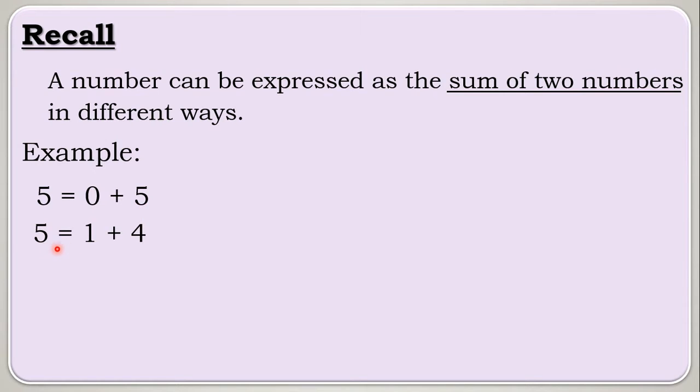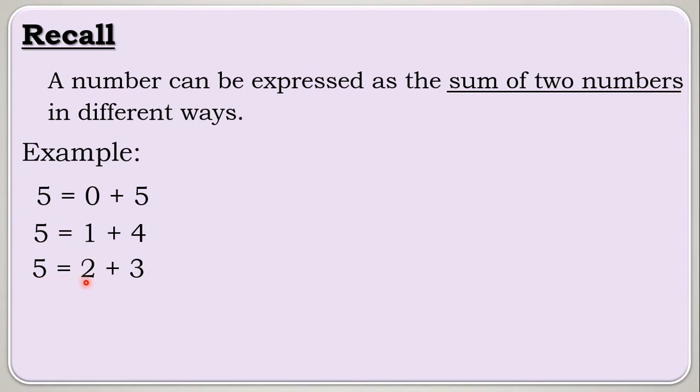Also, 5 is equal to 1 plus 4. Children, look here. The number 5 is expressed as sum of 1 and 4. So we can express any number as a sum of two numbers in different ways, as we are doing now.